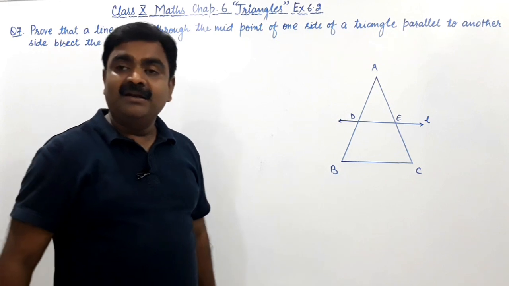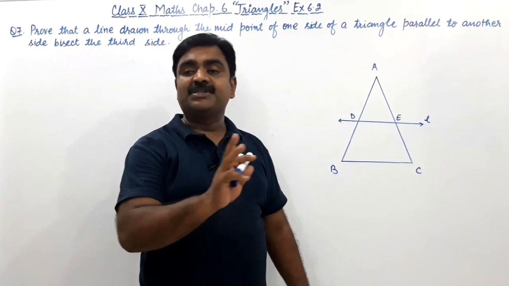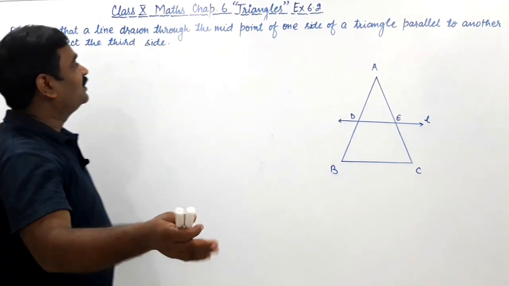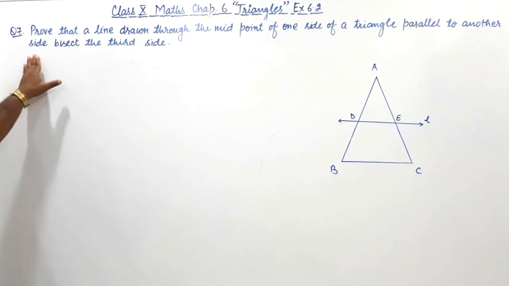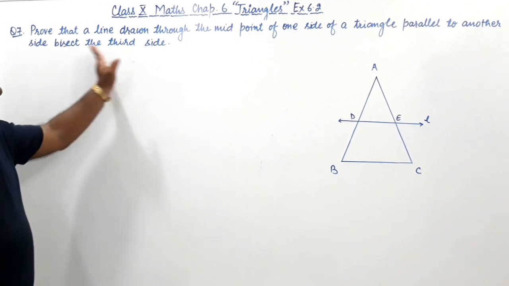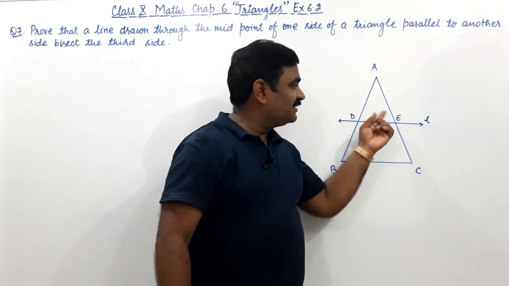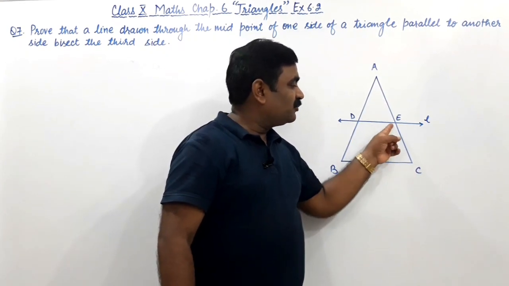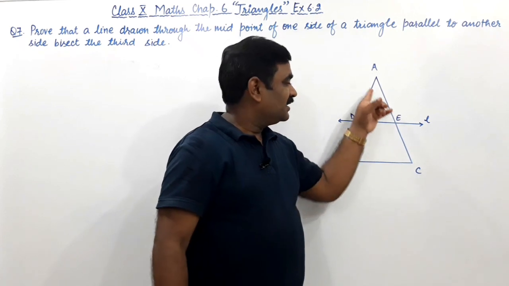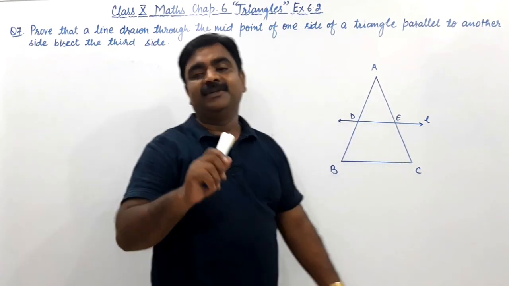These two pieces of information are given in this question. Then we need to prove that this line bisects the third side AC also, at point E, means AE is equal to EC. We are going to prove this.